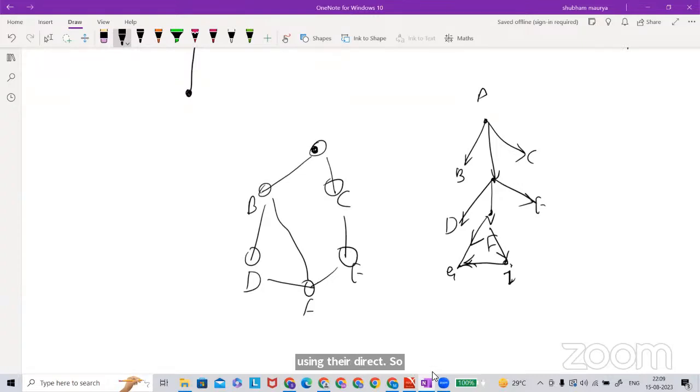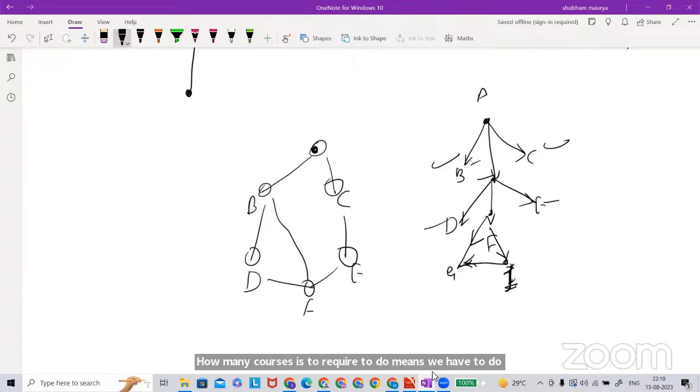Okay, if this is the case, can we sort? Based on that, we can form a real life problem: suppose you are in the semester exam and these are the exams, this is one exam, this is another one. If you want to finish course I, you have to do B, C or D, E, F first.